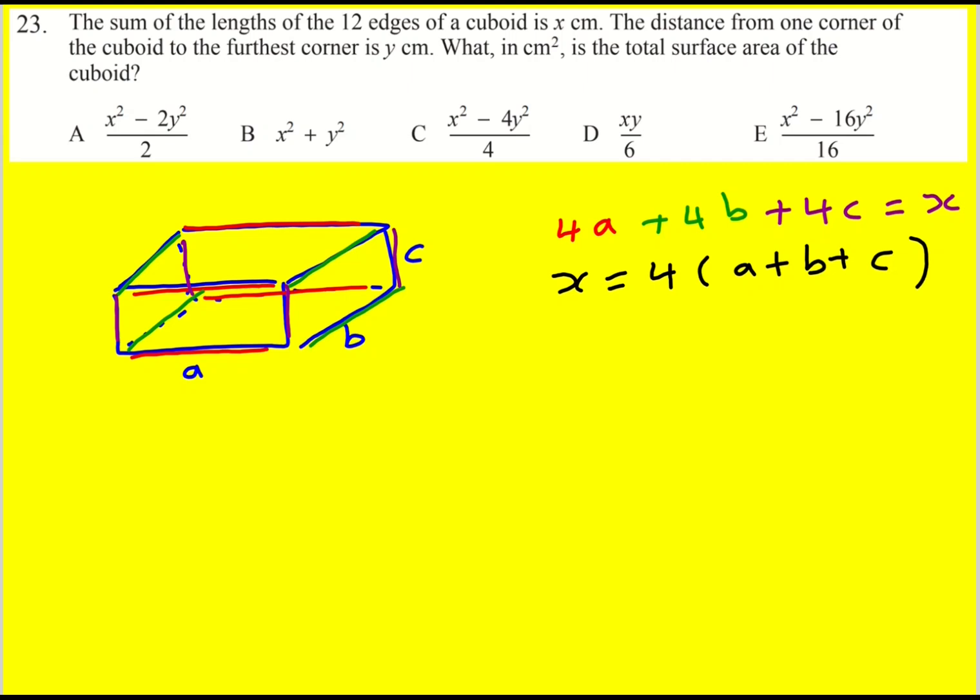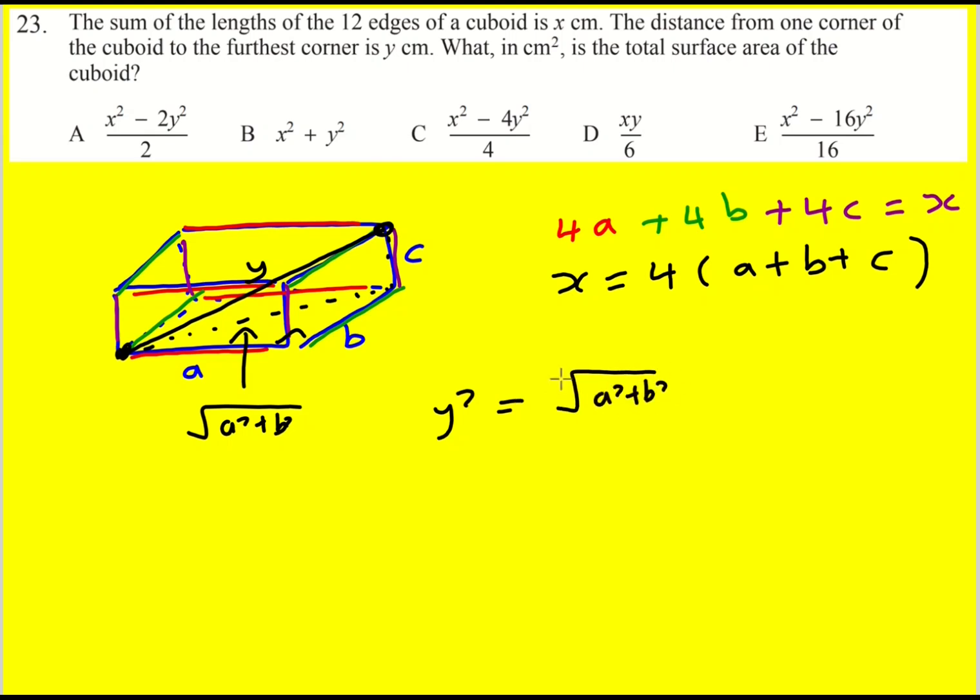We're then told that the distance from one corner of the cuboid to the furthest corner is y. This is called the space diagonal. Here we go, this is y. And I can use Pythagoras' theorem to help me work that out in terms of A, B, and C, because that length there is going to be the square root of A squared plus B squared, because I have a right angle triangle along the bottom, which means y squared is then going to be that square root squared plus C squared, because now this black triangle in 3 dimensions is again right angled.